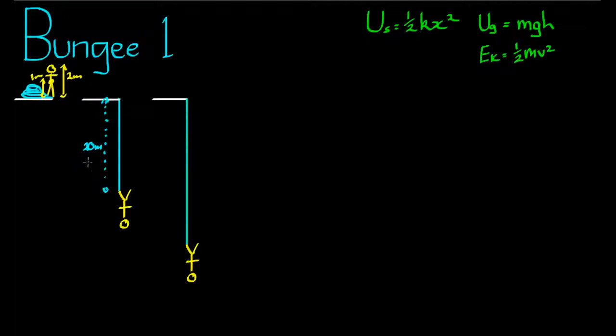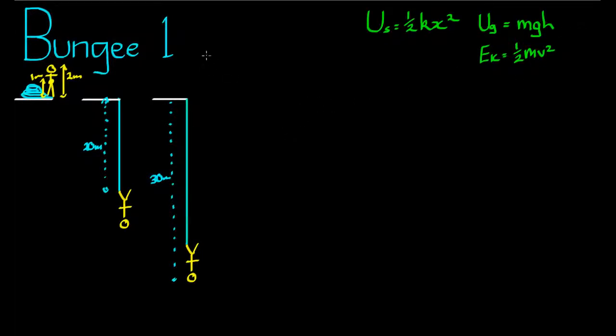And the third thing I'm going to set for this first question, I'm going to do 2 or 3 videos on the bungee jump, the third thing I want to show is that the person comes to a stop when their head is 30 meters below the platform.